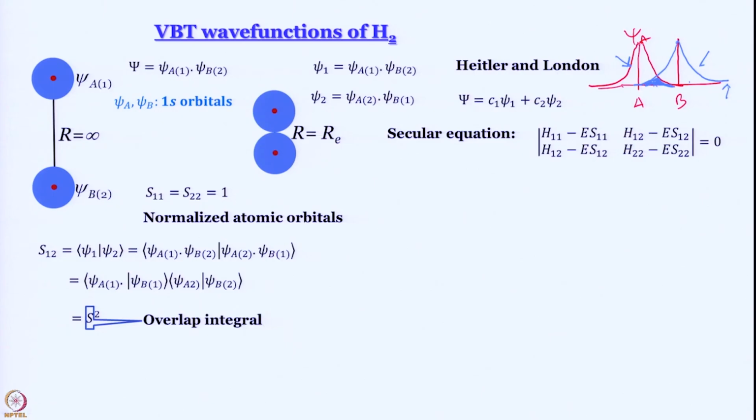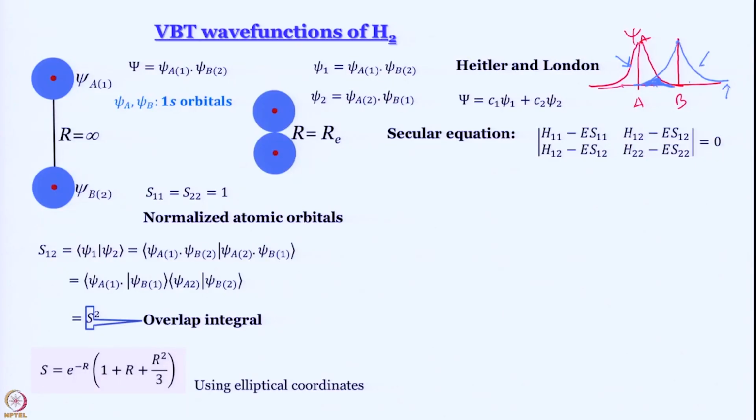Okay. And it is not very difficult to see from what we discussed just now that the overlap integral is going to depend on R, is going to be 0 at a very large separation, and for 1s orbitals it is going to be maximum at a separation of 0, capital R equal to 0, right. Using elliptical coordinates one can work it out; I will not work it out here, it is given as a problem in McQuarrie's book.